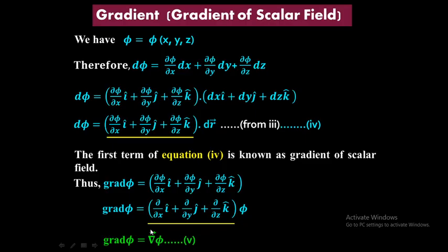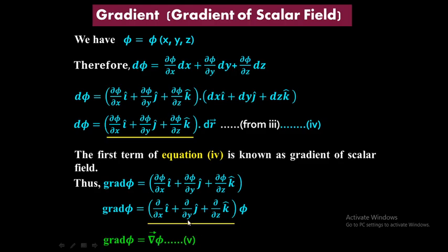If we avoid the arrow, it is still understandable that this is a del operator and a vector quantity. Del is a vector quantity. So the gradient of phi is nothing but del phi.